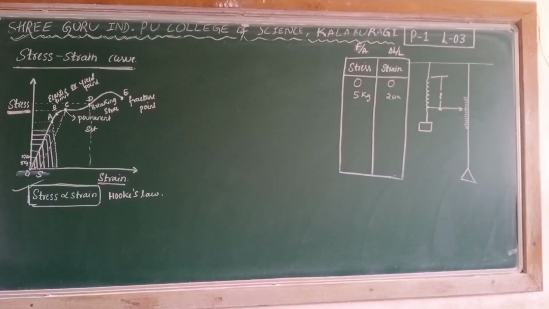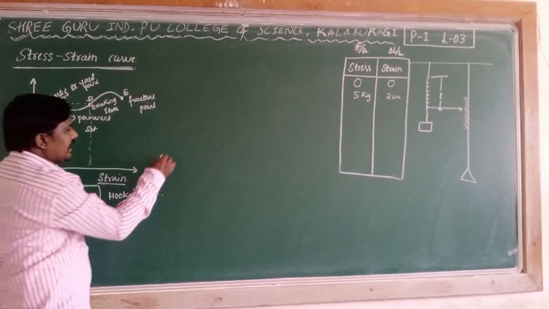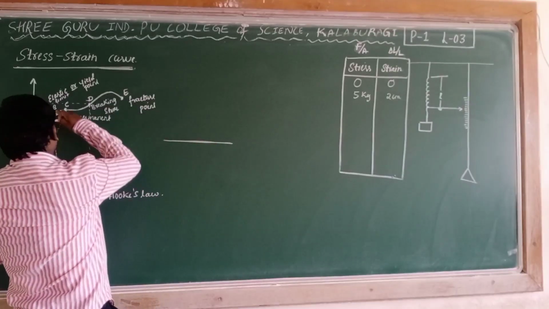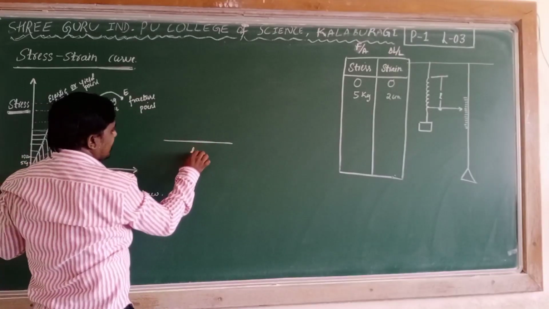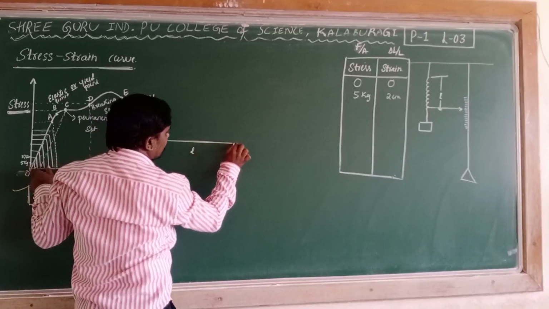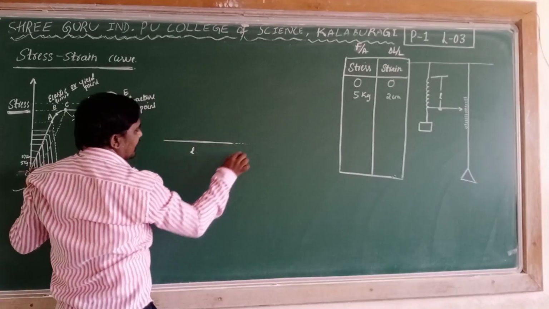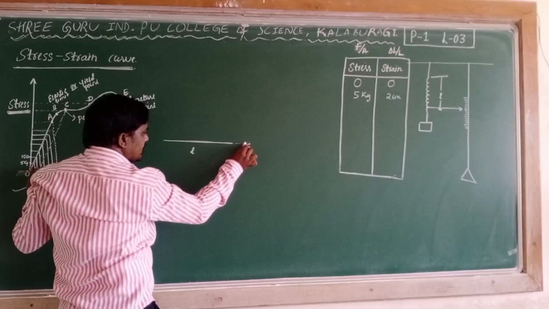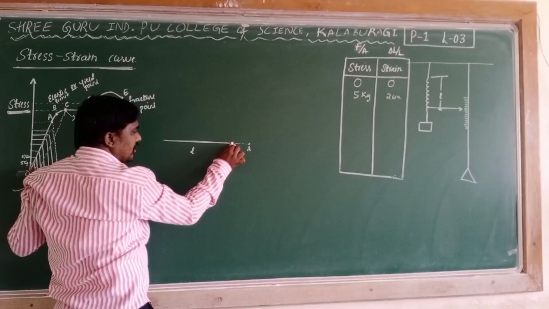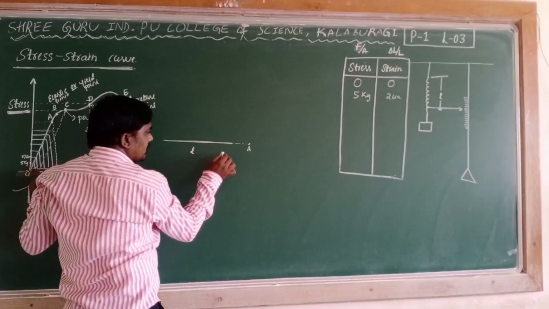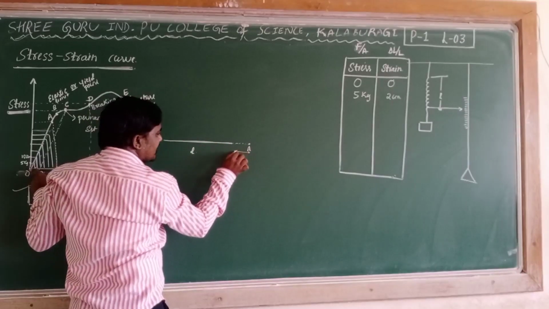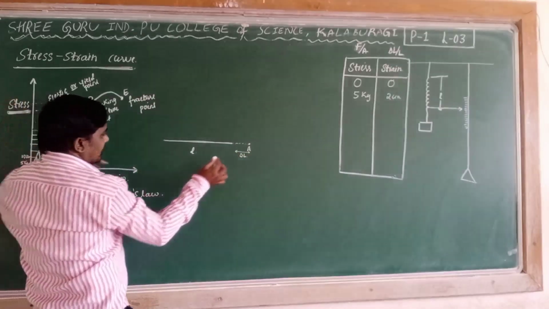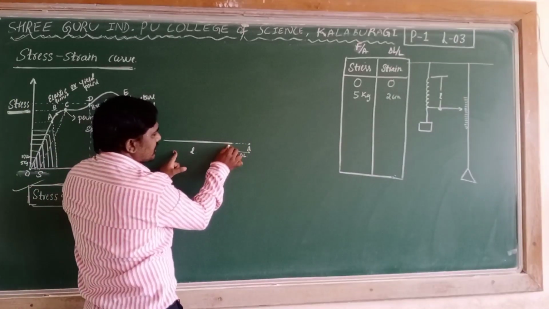In this graph, we can identify that this is the initial length of the steel rod, that is L. We apply a stress, and it increases up to this point A. If you release that stress, it comes back to its original configuration or original length. This is our change in length, delta L. If you release this stress, definitely it will come back to the original state.